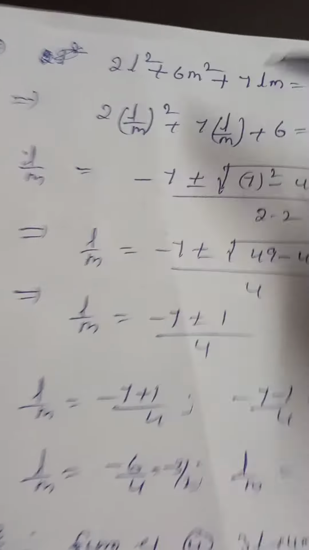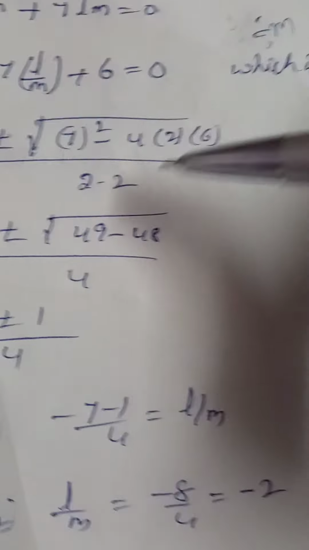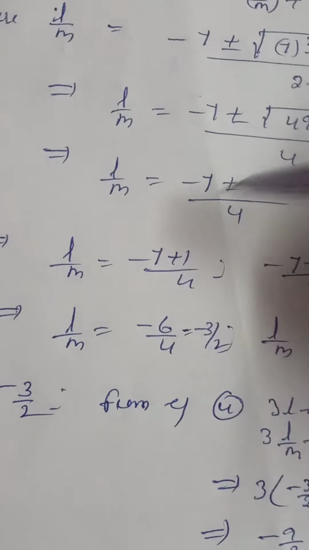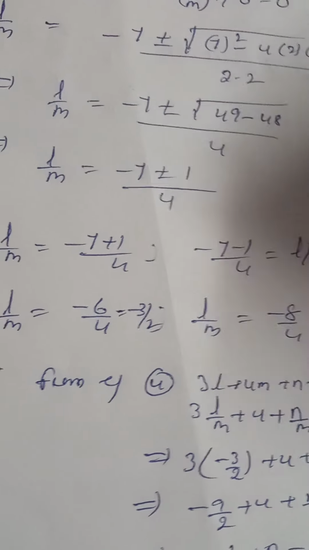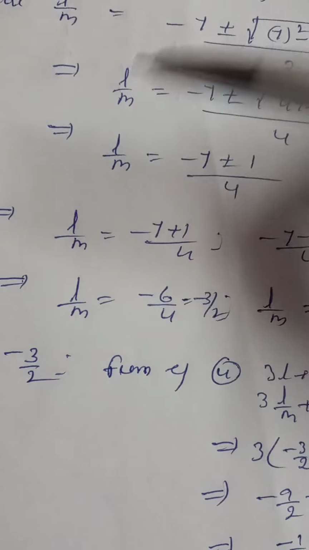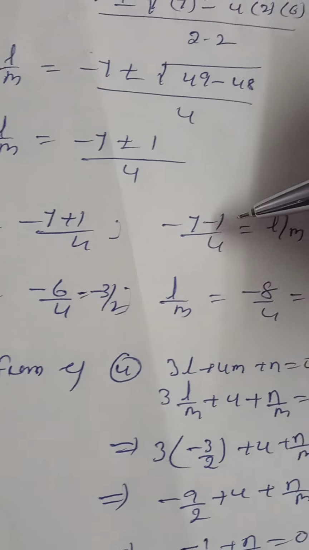Now l by m is equal to minus b plus or minus square root of b square minus 4ac, by 2a, the formula. Substituting those values, one time plus and another time minus, you will get l by m is equal to minus 3 by 2, and l by m is equal to minus 2.